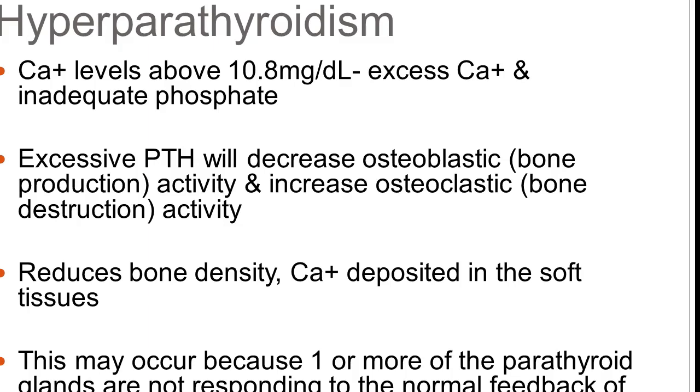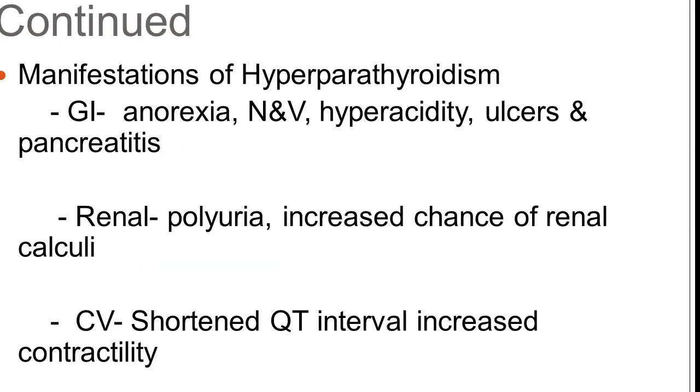We know that it may occur because one or more of the parathyroid glands are not responding to the normal feedback. And again, you might think, oh, it's only calcium, but really calcium is a very important electrolyte because it really does maintain normal functions of all these systems.